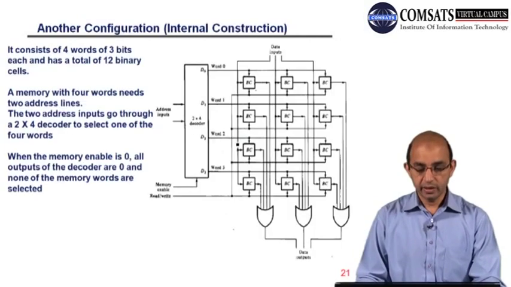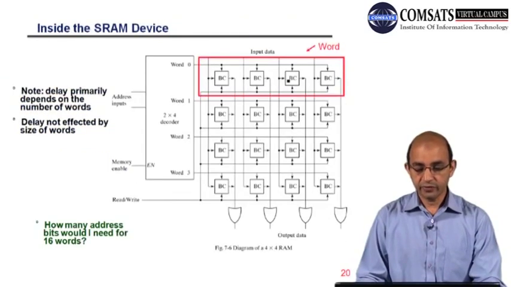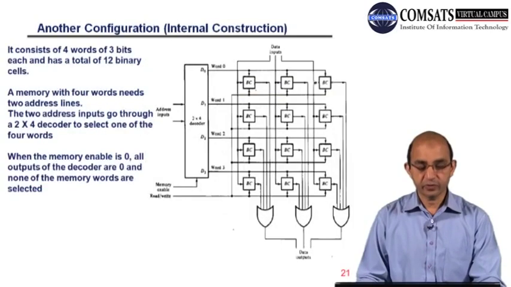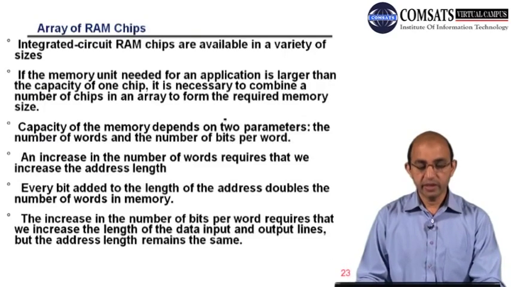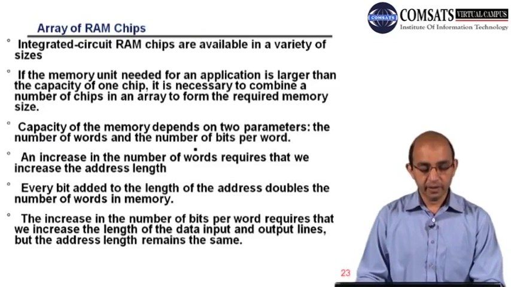Again, how many bits do we have in this word? 3 bits. If I go here, we have 4 bits for one word, here we have 3 bits for one word.